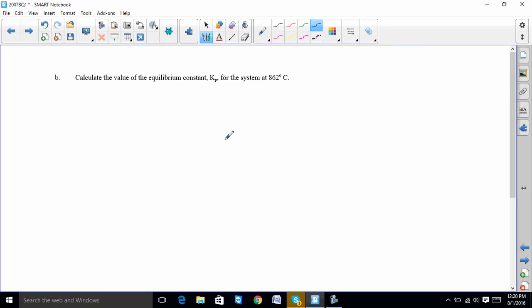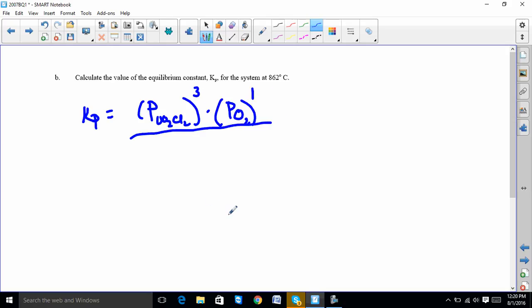Okay, next one, what's the equilibrium concentration? So this is why I wrote this in. Kp was given to you in the problem as the pressure of UO2Cl2, but because there's a 3, it's cubed, and then times the pressure of the oxygen to the first power, or you can just ignore that. And then it's the pressure of the chlorine gas.